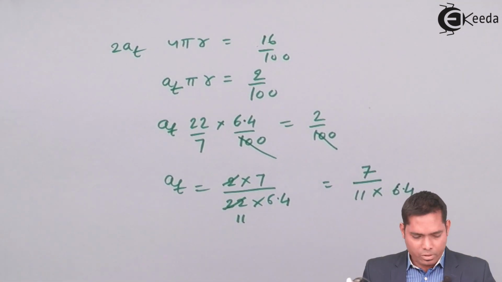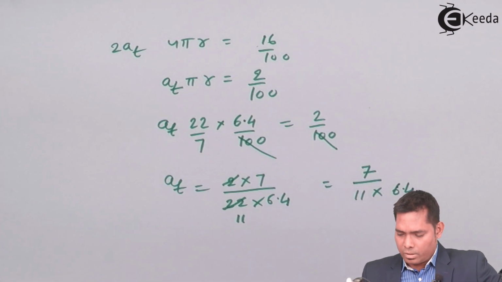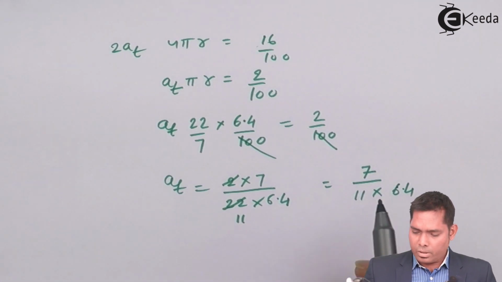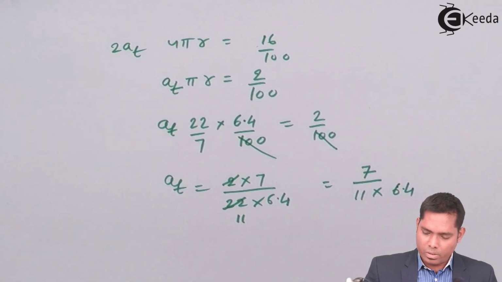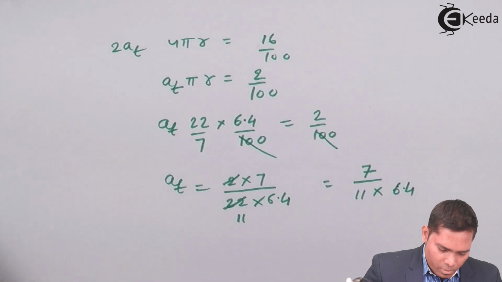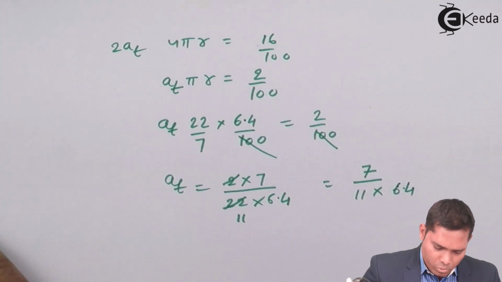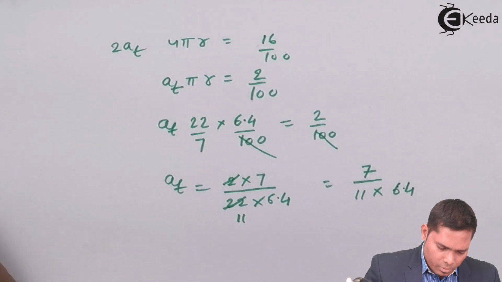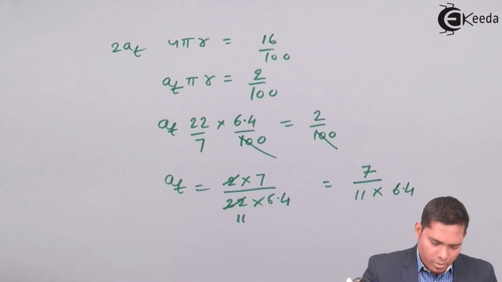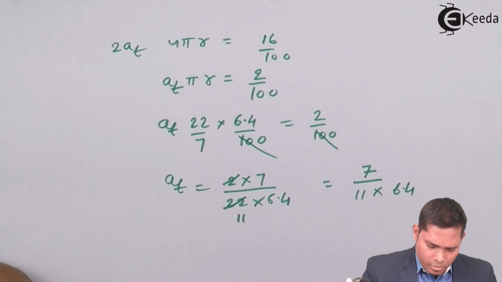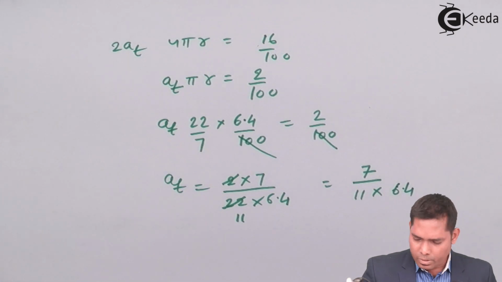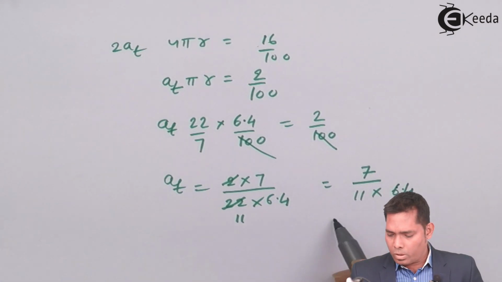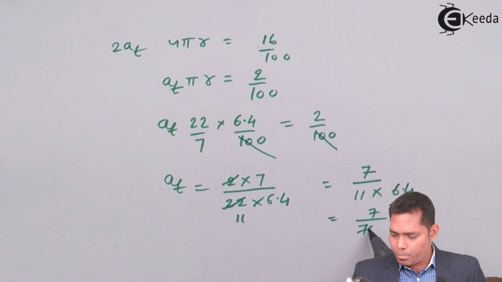I'll use the calculator, because this is nearly 70 around to come, I suppose. 11 into 6.4 comes out to be 70.4.